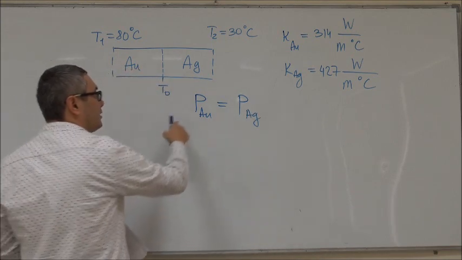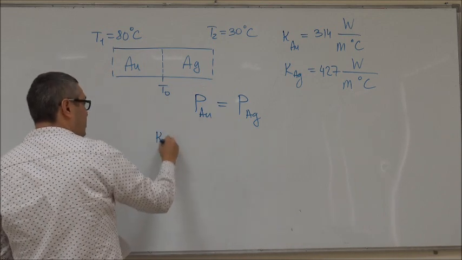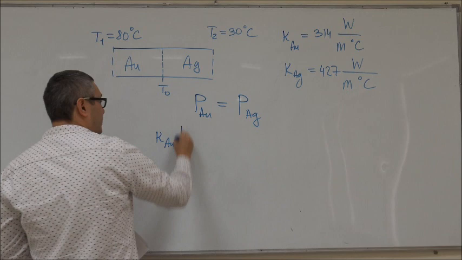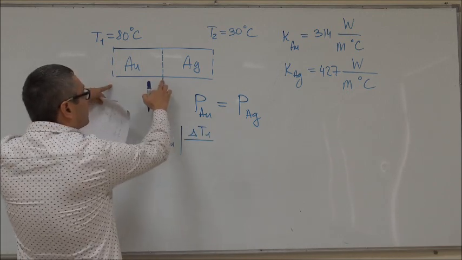We can then say that this is equal to the coefficient of heat conduction for gold times delta T1 over this distance.